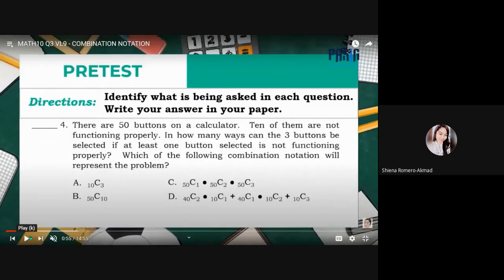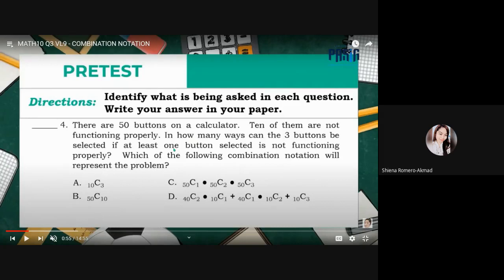Number 4. There are 50 buttons on a calculator. 10 of them are not functioning properly. In how many ways can the 3 buttons be selected if at least one button selected is not functioning properly? So, pipili sila ng tatlo, no? Mapapansin nyo, yung nakalagay dito is that at least one.